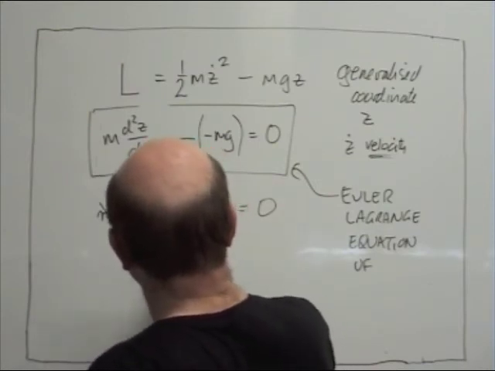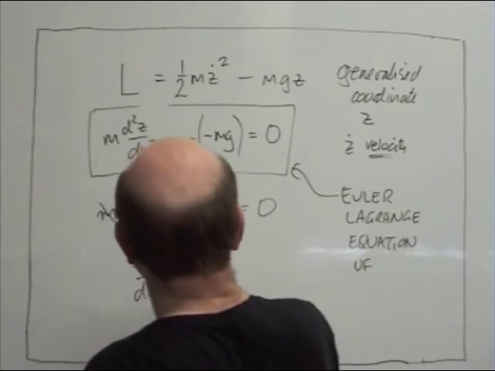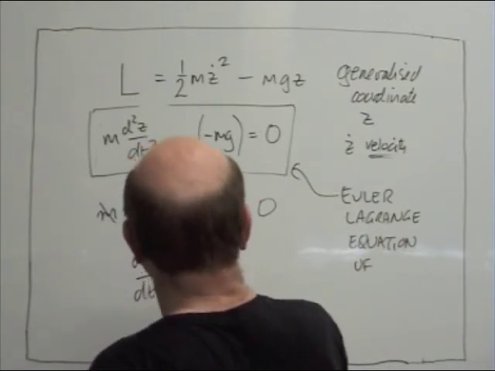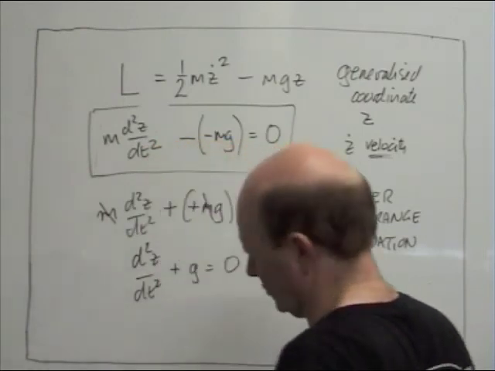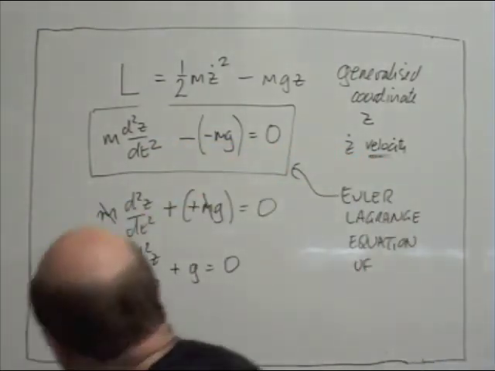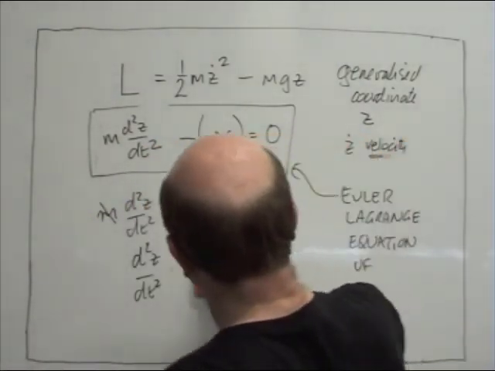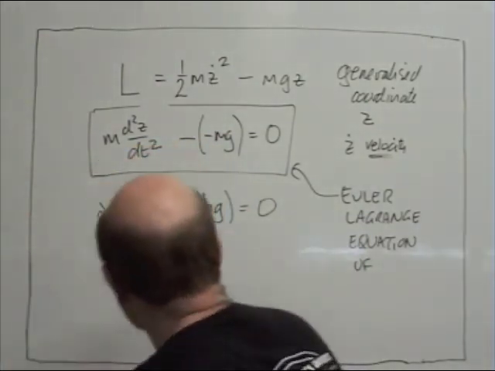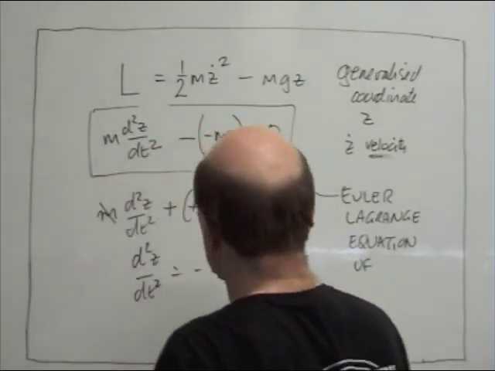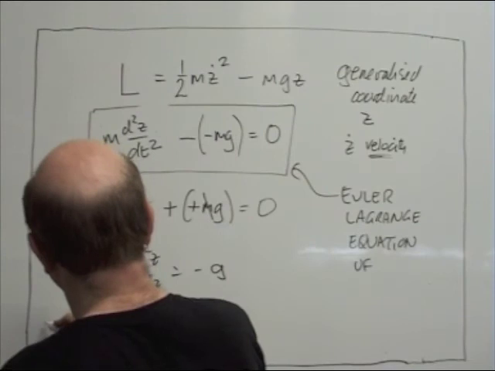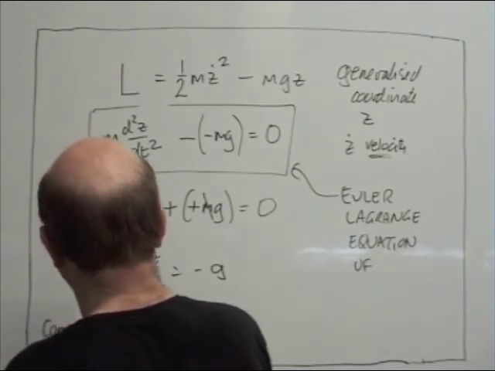So d2z by dt squared plus g equals 0, or moving the g to the other side of the equality sign, d2z by dt squared equals minus g.